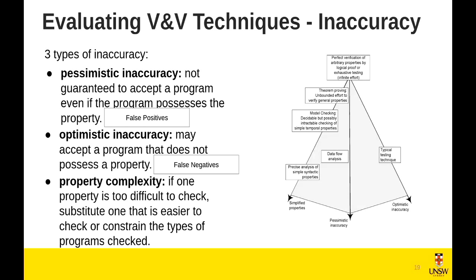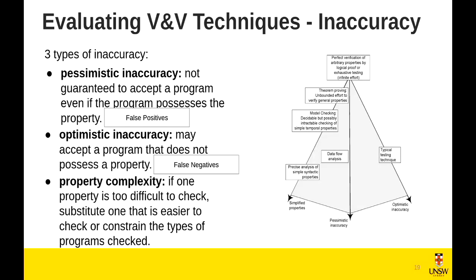The third type of inaccuracy comes from property complexity, because this is also related to the scalability of formal verification. Some of the desired properties are too complex to be modeled properly, to be converted into specifications.